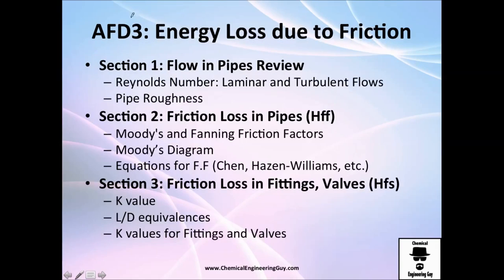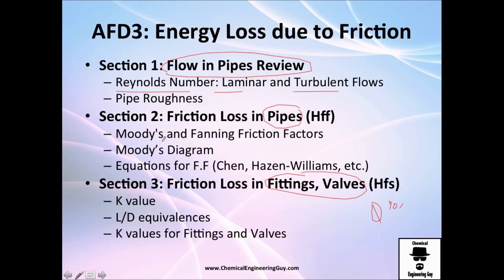Then we go to AFT block number 3, energy loss due to friction. We have a little review of flowing pipes, the Reynolds number, laminar flow, turbulent flow. Then we check out section number 2, which is friction loss in pipes, because we also have friction loss in fittings and valves. Of course, if you have a valve partially closed, let's say 90% closed, you're going to have a lot of friction there.